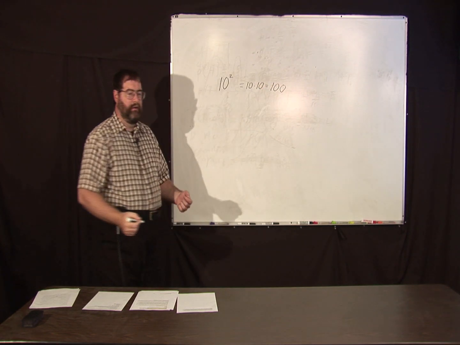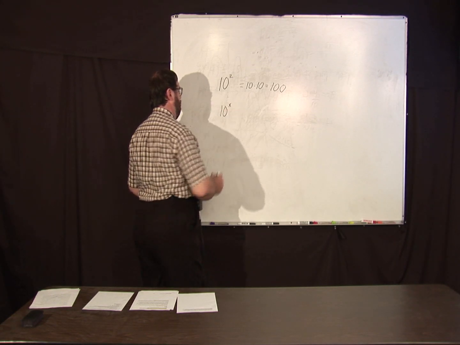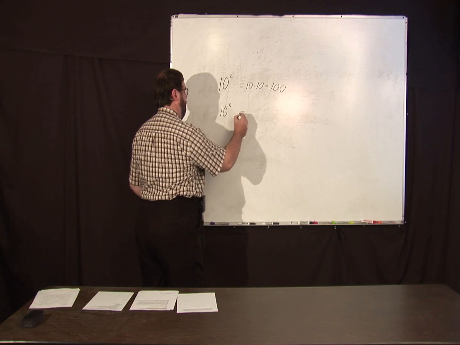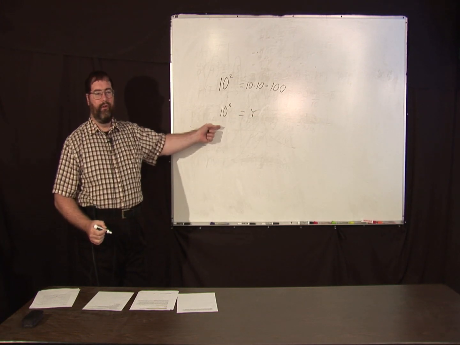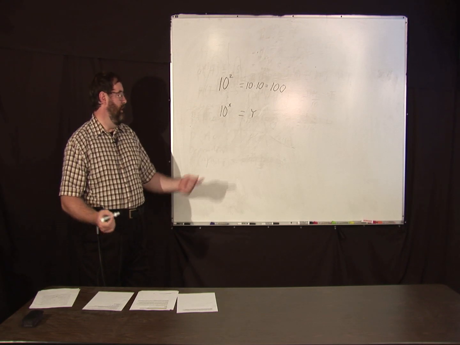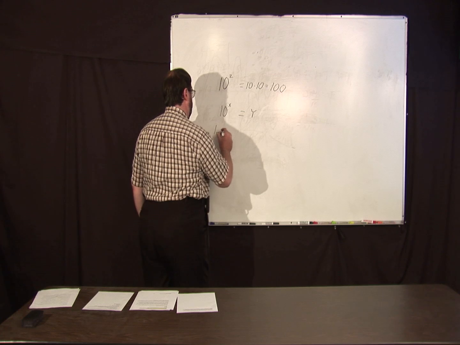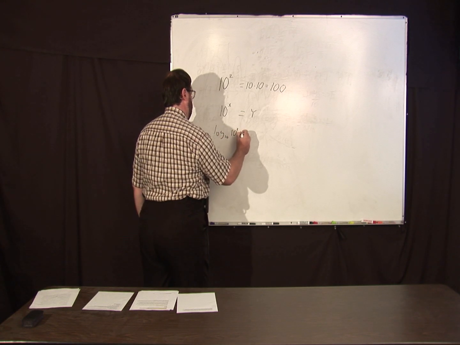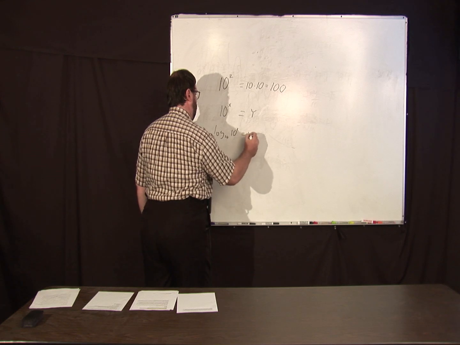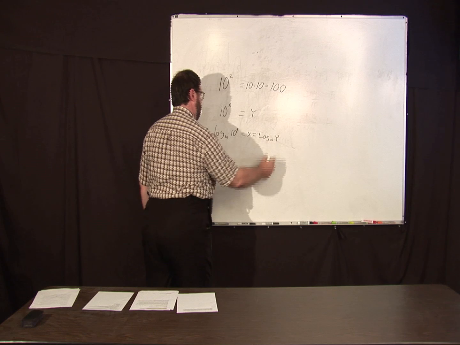Well, let's say 10 to the x power equals something, let's say y. How do you solve that equation? The answer is the log, base 10. So the log base 10 of 10 to the x equals x, which equals log base 10 of y.